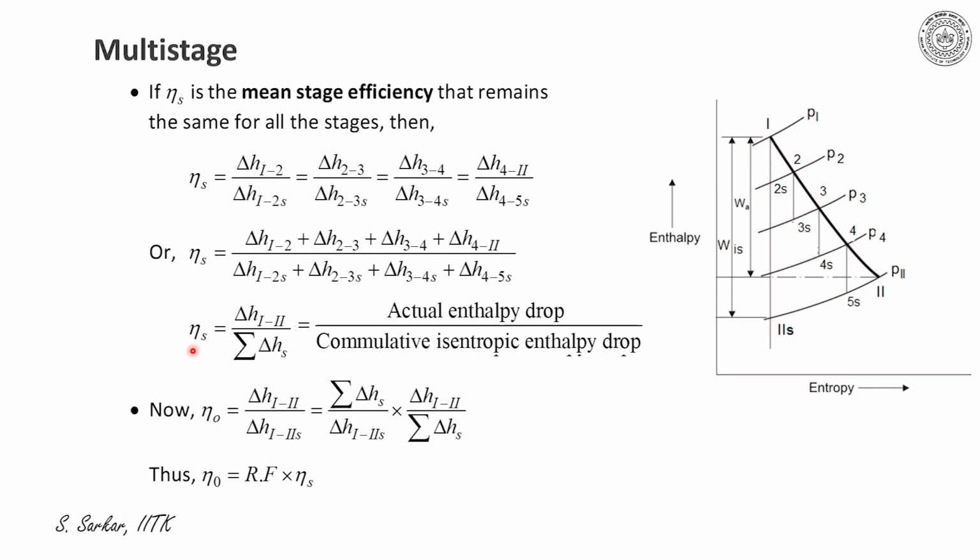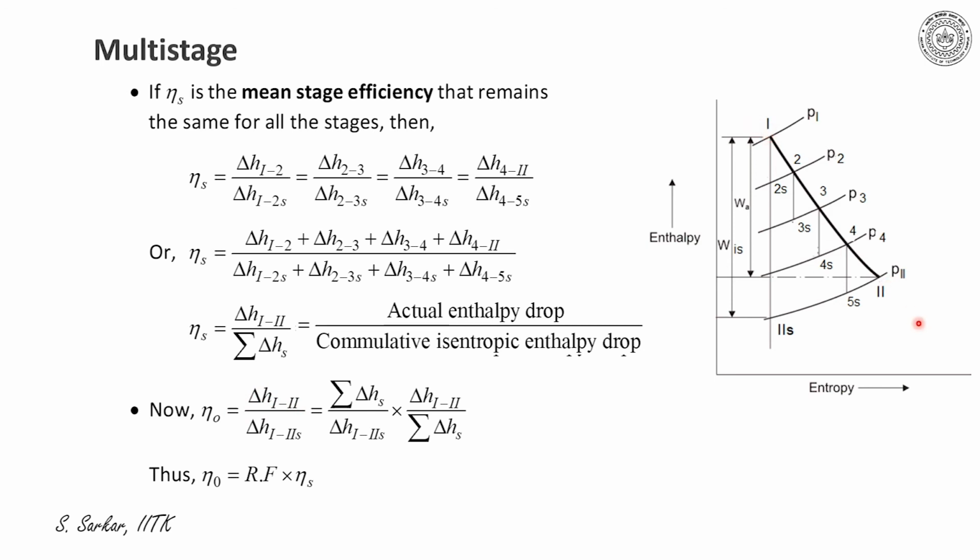Hence, I have got that expression of eta S, which is again del H12 divided by sigma del Hs, where del Hs represents the stage isentropic enthalpy drop.